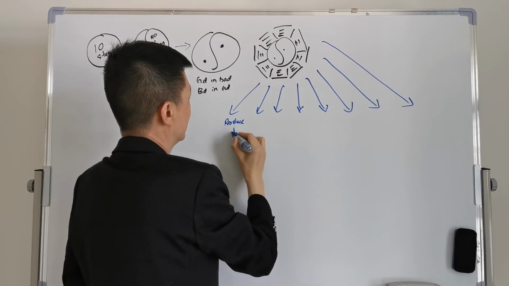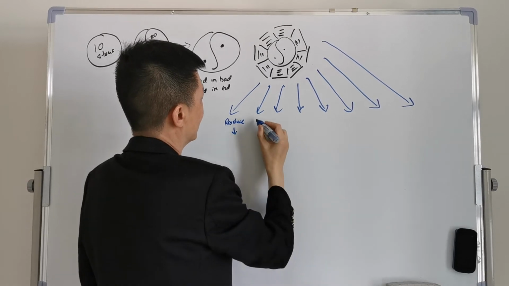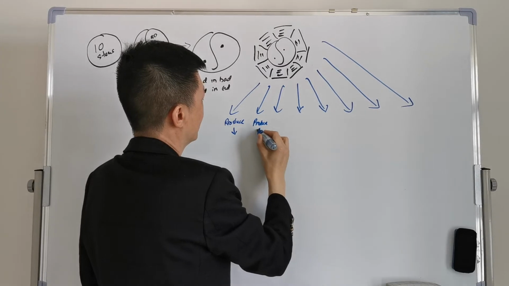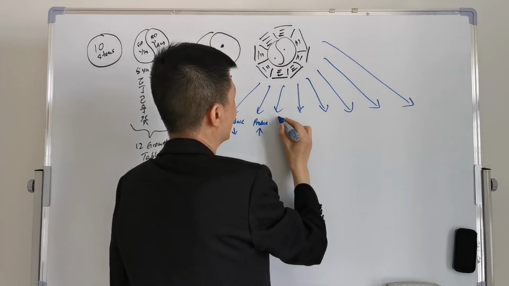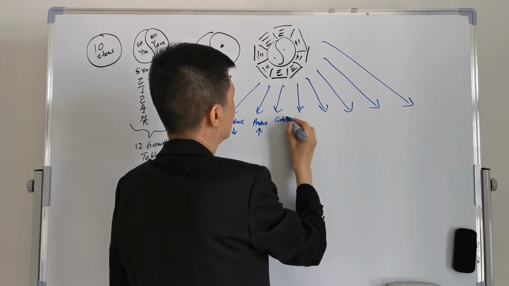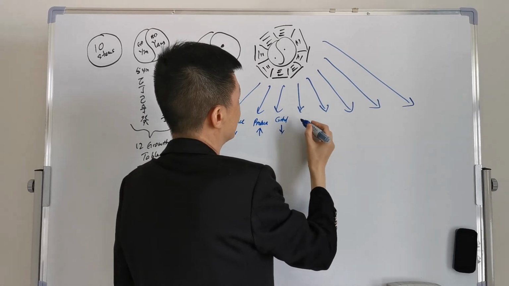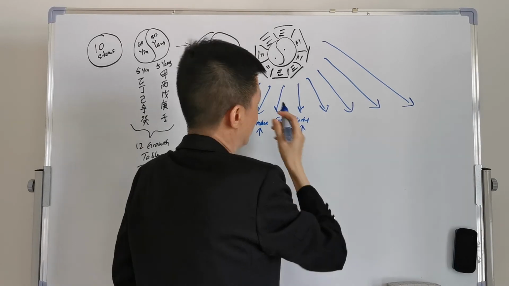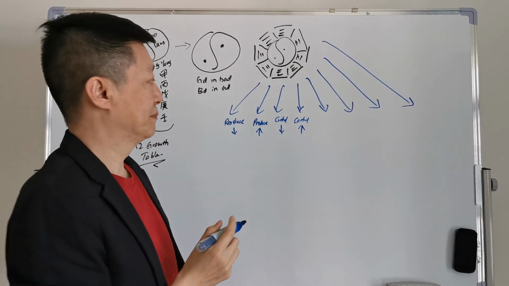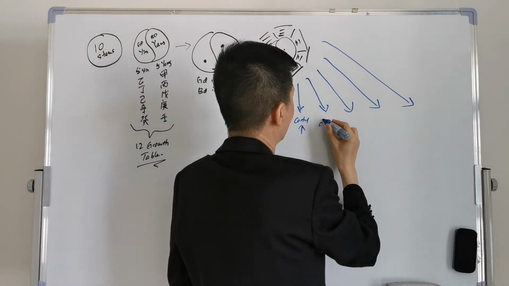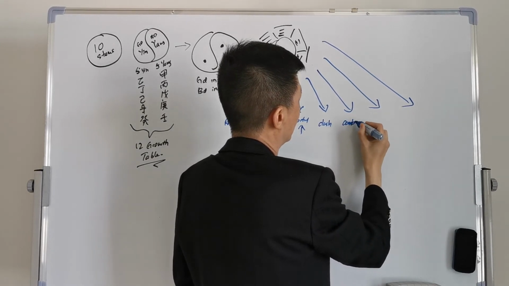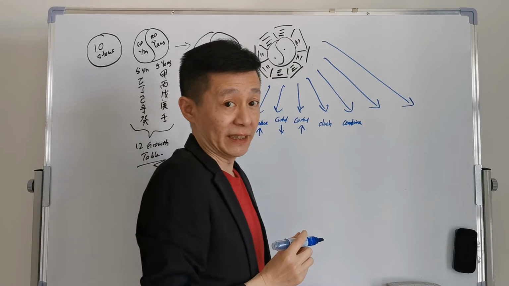Produce down, then produce up, then control down, control up, and then this is clash, this is combine. Understand?